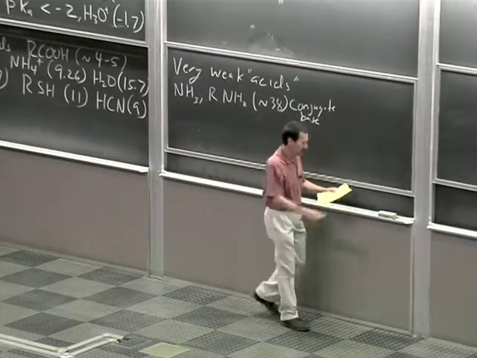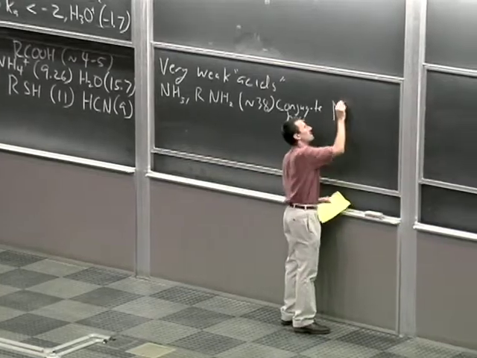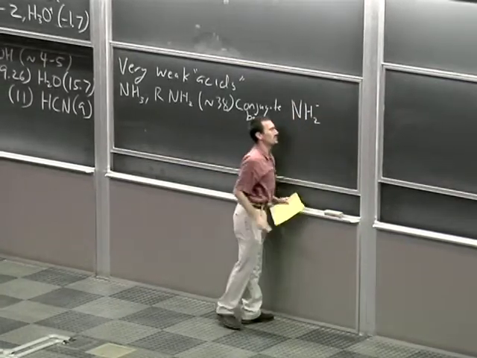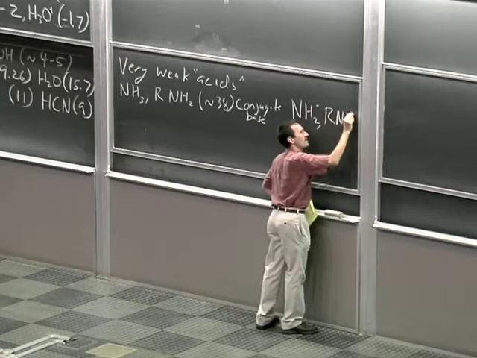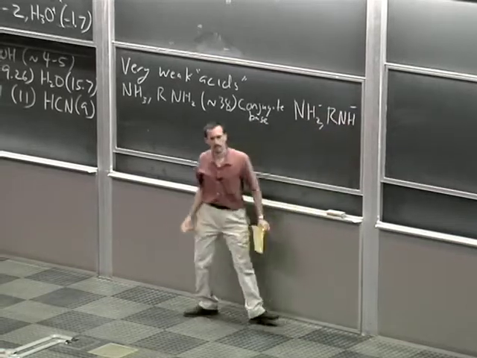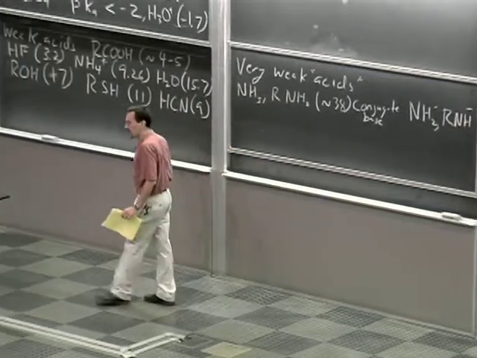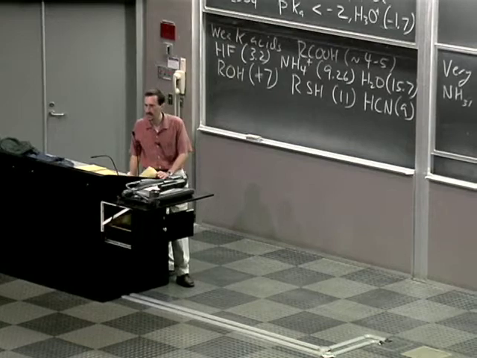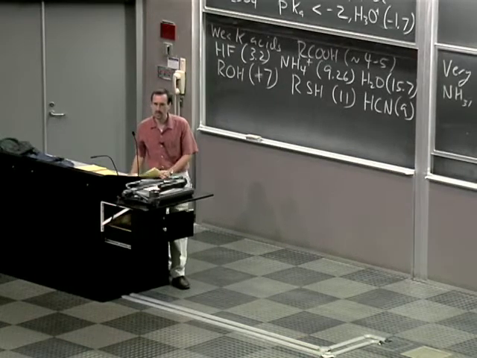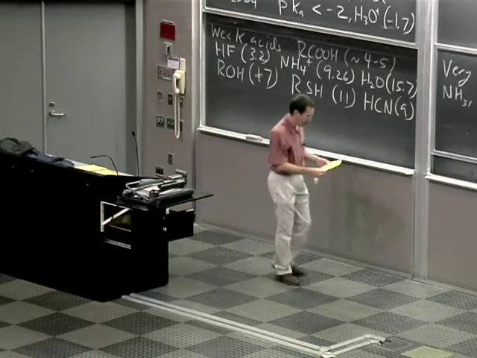And with ammonia, the conjugate base is NH2 minus. And with an amine, the conjugate base is RNH minus. So when we think about ammonia being a very weak acid, we think about it giving up one of its protons to form the amide anion.